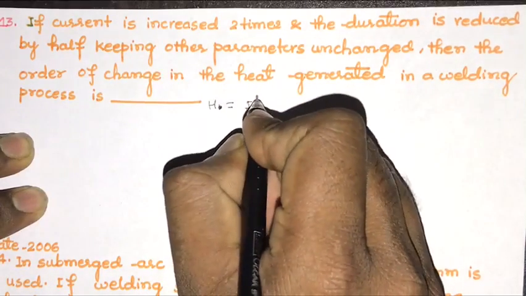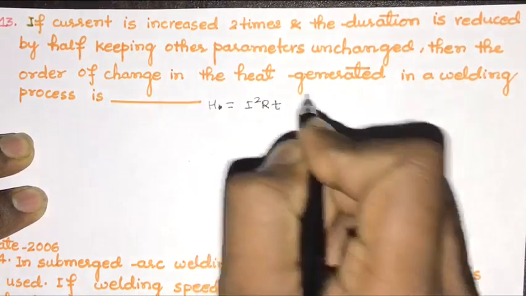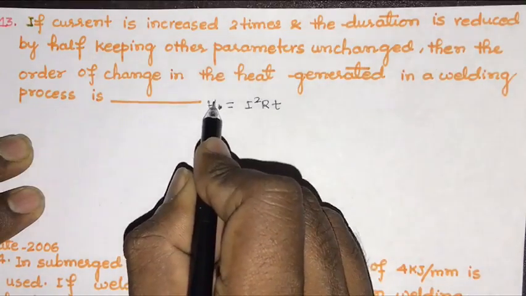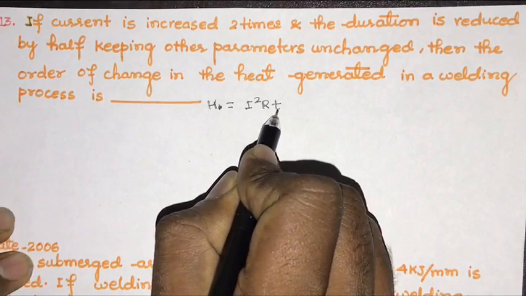H equal to I square R T, that is, the heat generated depends on the current, resistance and the time.